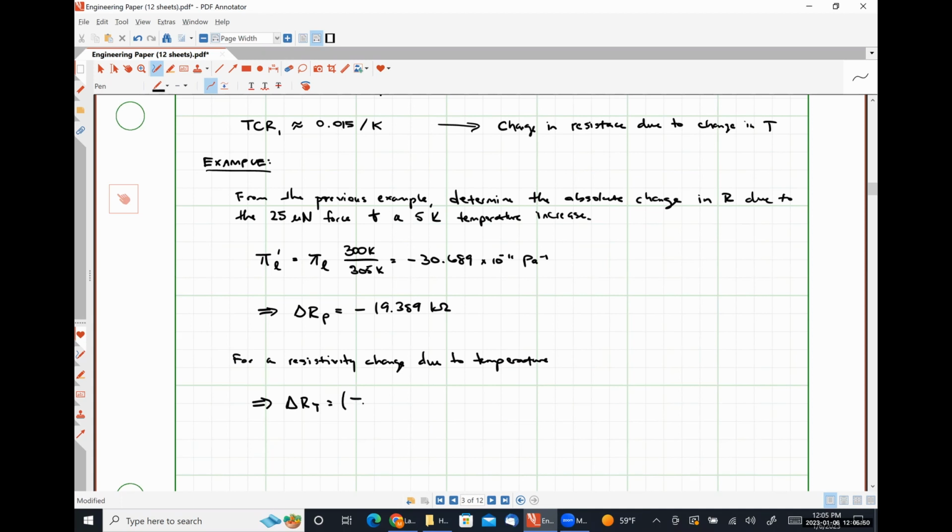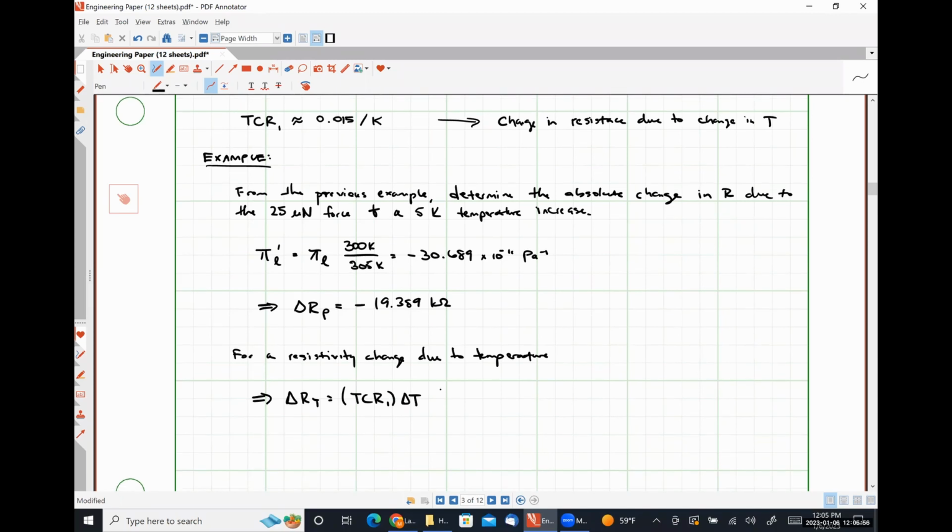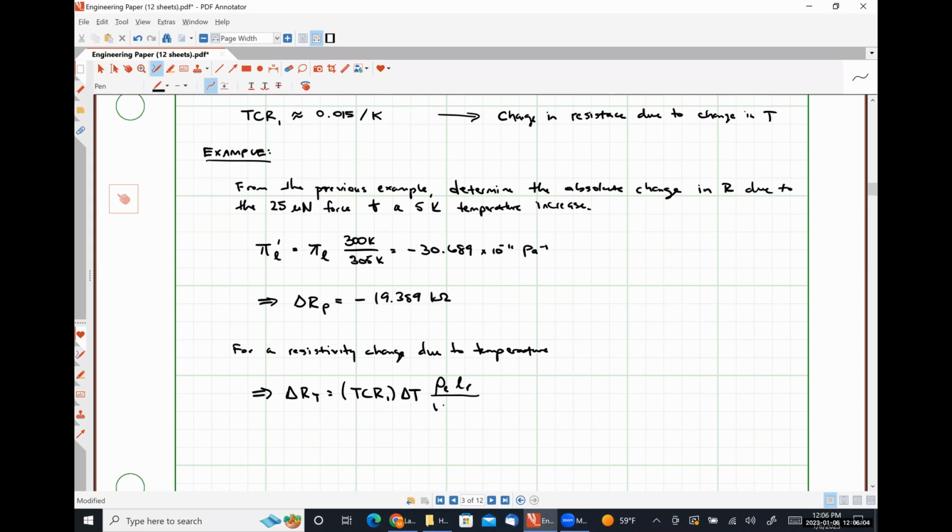We're going to have our temperature coefficient of resistance times our change in temperature times our nominal resistance, and this comes out to be 70.2 kilohms.